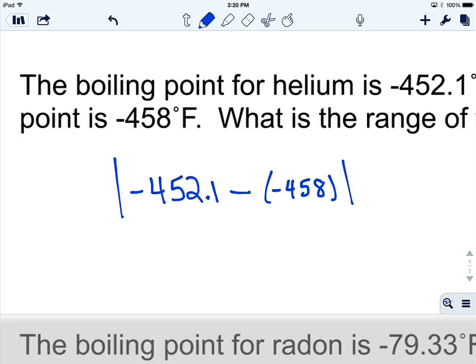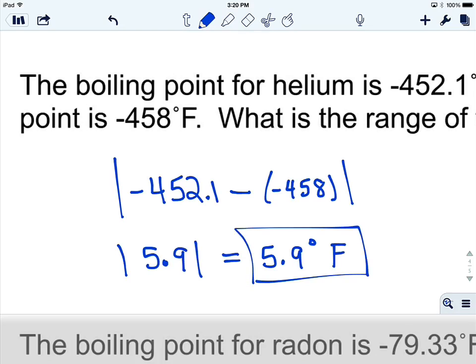So negative 452.1 minus negative 458, and that's going to spit back a 5.9, which is still inside the absolute value bars. So the absolute value of 5.9 is 5.9. And I'm going to put the degrees Fahrenheit on it. That's the range in temperatures between the boiling point and the freezing point of helium.